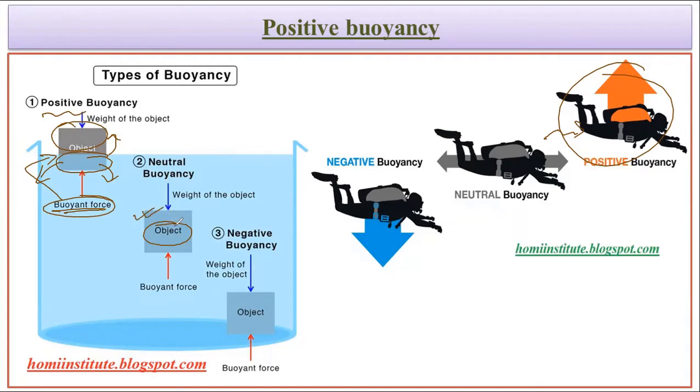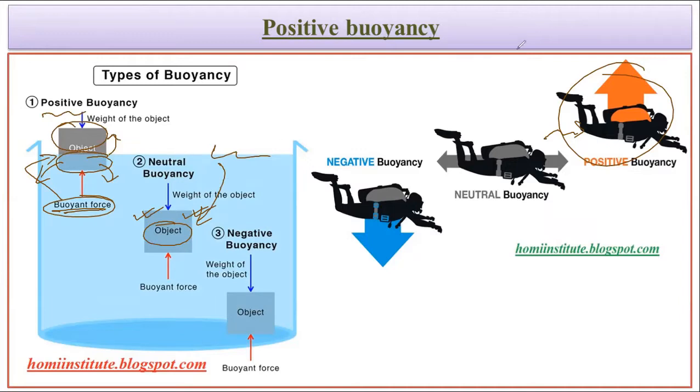There are some situations where we can go for this condition, for example a submarine. When we construct a submarine, it needs to be sometimes on the surface of water and sometimes under the water. So according to the condition, we can change the situation by increasing or decreasing the weight of the body.